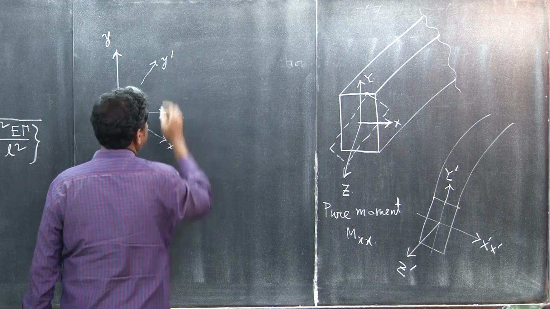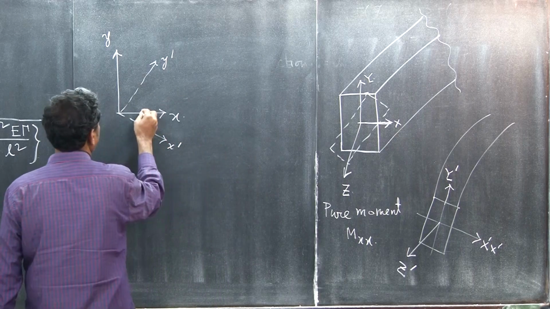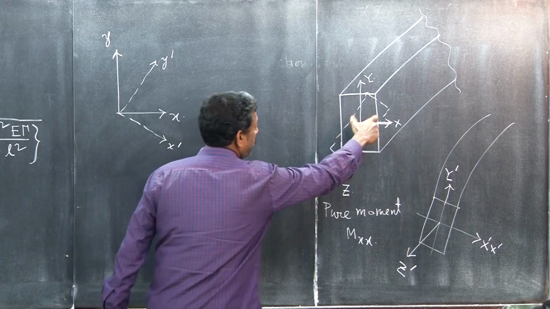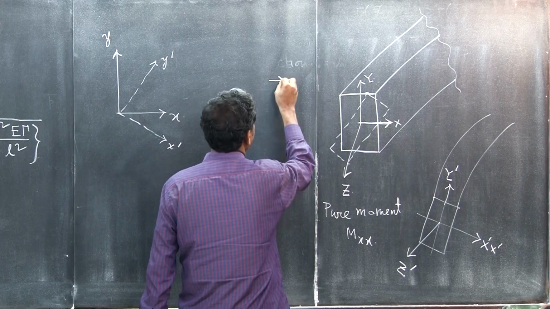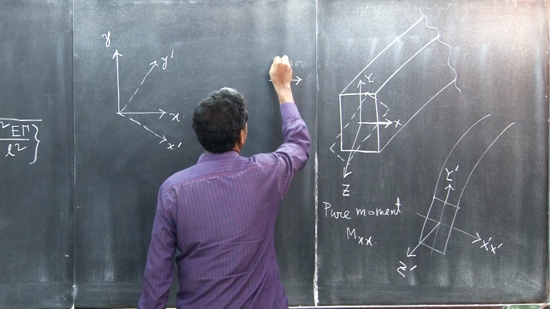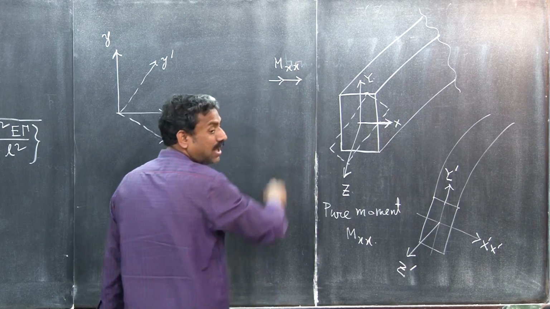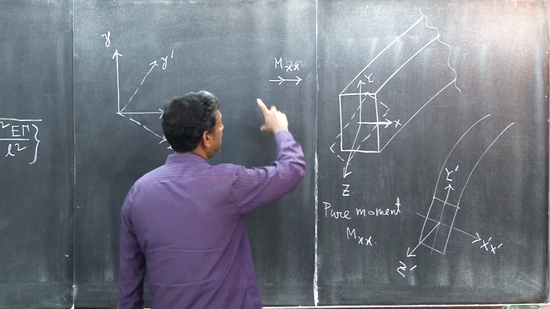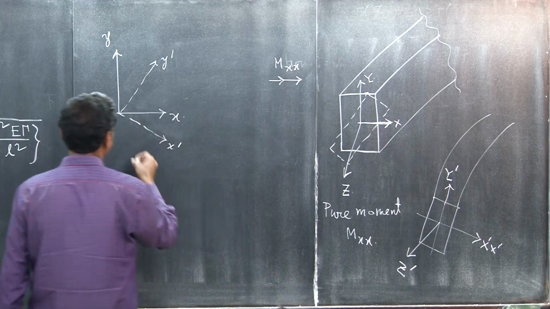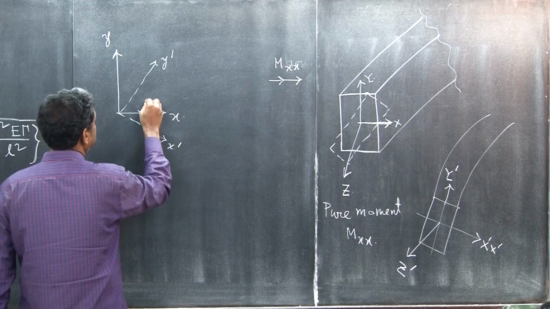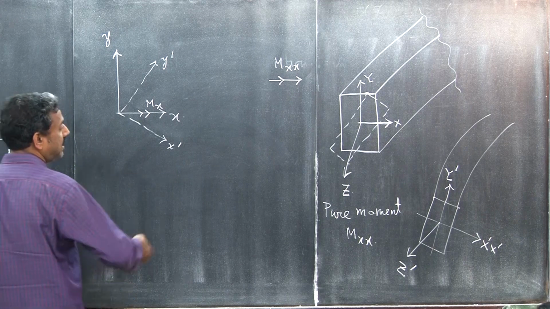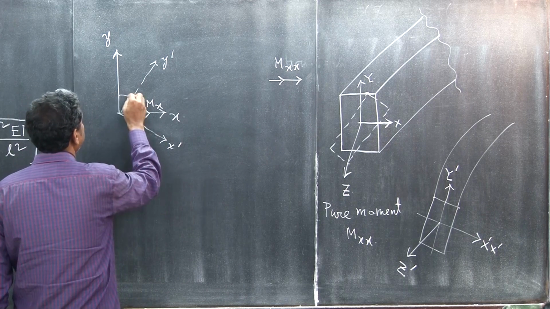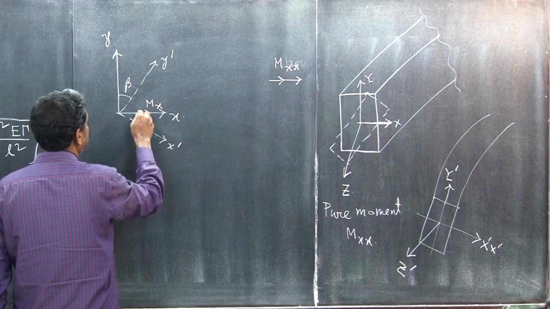Please note that I am denoting this bending moment using an arrow diagram, and I am just denoting it as M x. If they are getting twisted, this angle is beta and this angle is also beta.